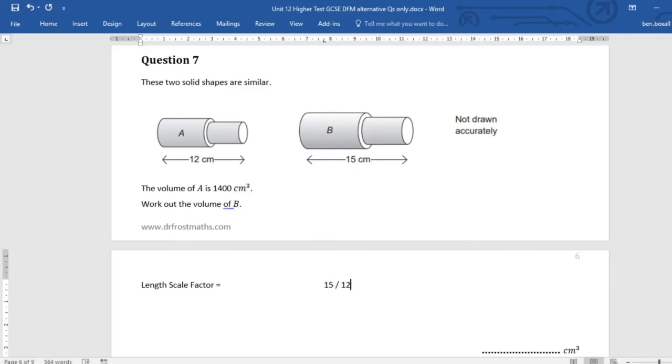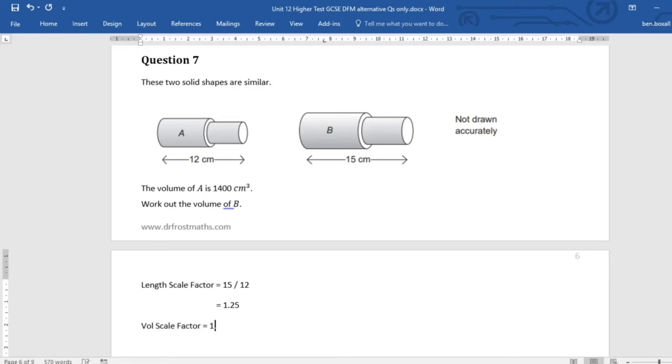Oh, I don't know why that's gone over there. Hit tab. Oops. There we go. 15 divided by 12 is 1.25. So that's the length scale factor, but I'm working out a new volume. So I will be using the volume scale factor. In fact, I'm going to write that down.